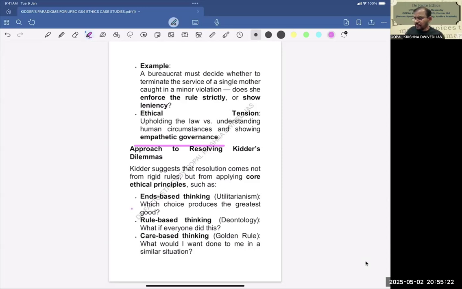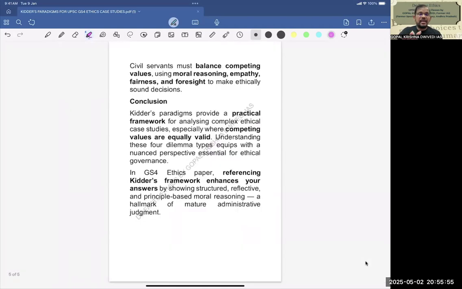For example, end-based thinking, that is utilitarianism of Bentham and Mill, or rule-based thinking, that is deontology of Kant, or care-based thinking, or virtue ethics of Aristotle, or Gita, Nishkam Karma. So some principle has to be applied for resolving that dilemma, because Kidder's paradigm itself will not suggest any solution.